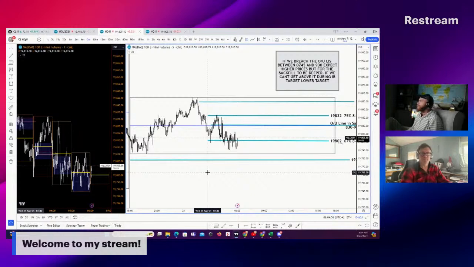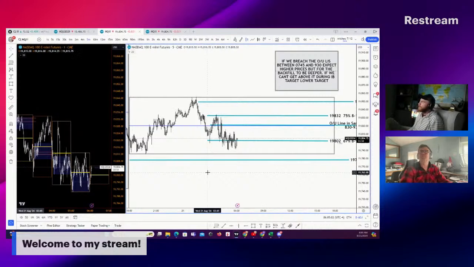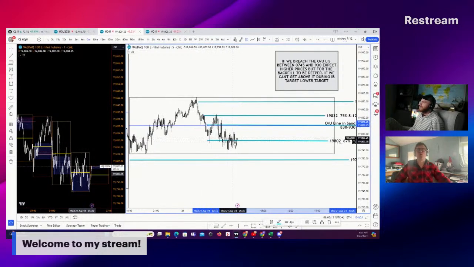If you're a DR trader, you want to use 1930 to 2030. So you want to decide what kind of projection base you're going to use.